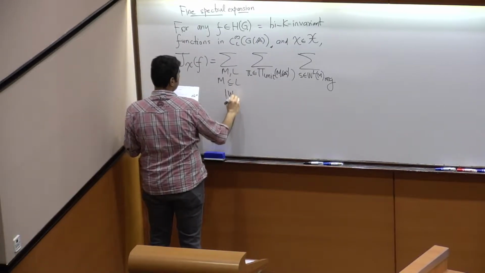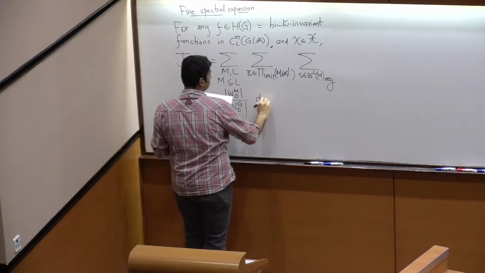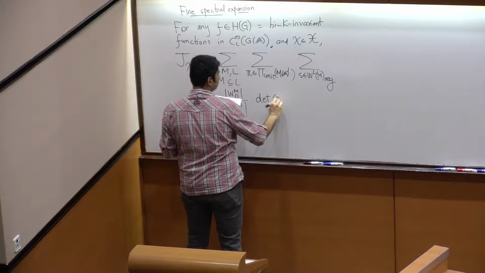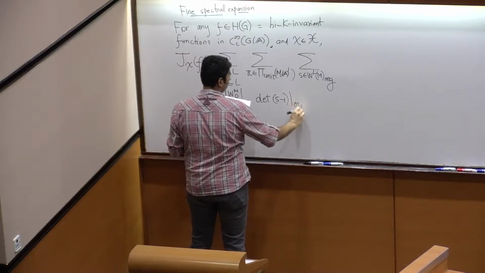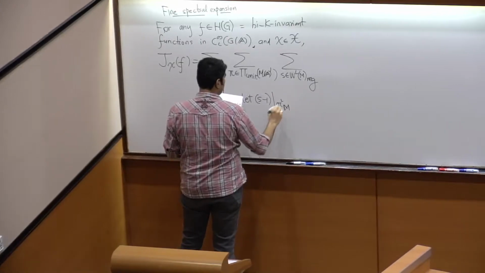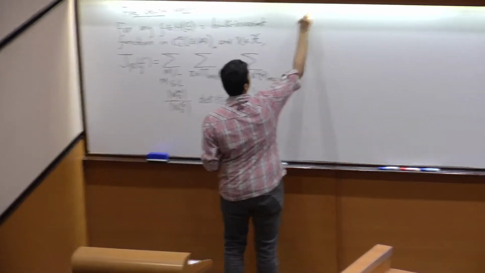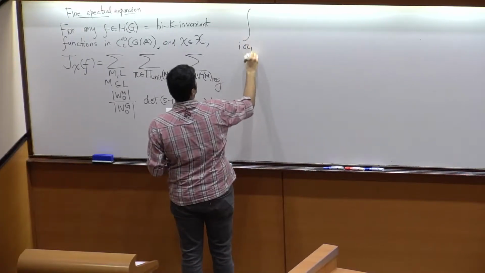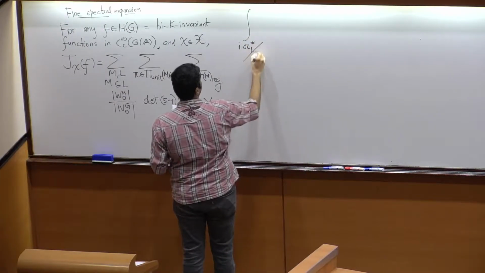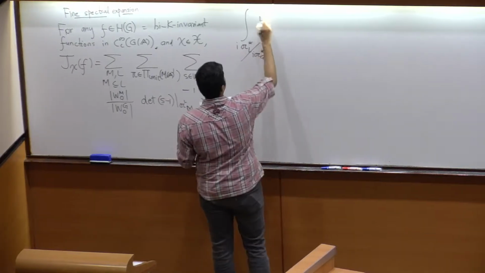So one is the size of the Weyl groups, the ratio of this, times the determinant of, so inverse of this, times there is an integral over i A L star mod i A G star of the trace.